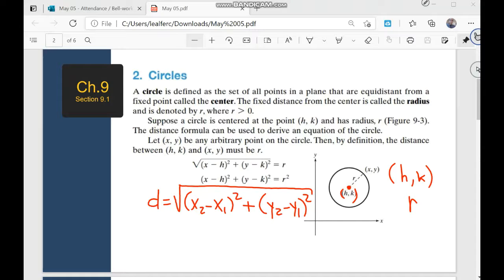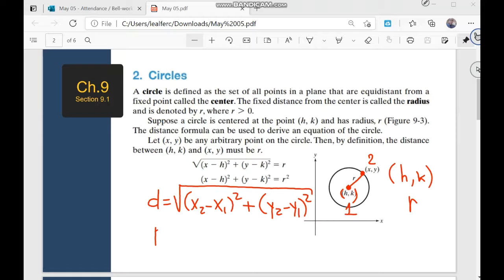We will apply this formula as if you're calculating the distance between the center and the edge of the circle. Let's say the edge is point number 2, x and y, the unknown, and the center we know is point number 1, x equals h, y equals k, right?